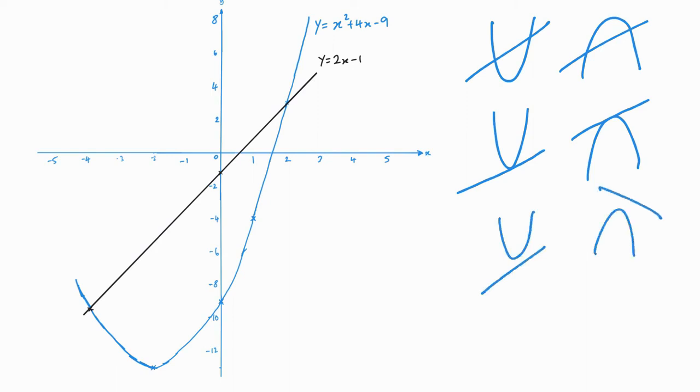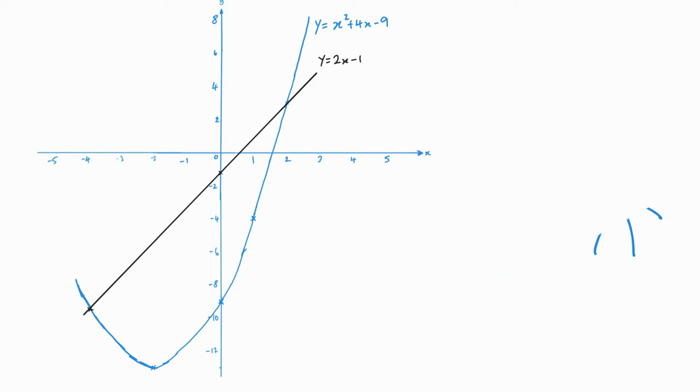So those are my options: 2 points of intersection, 1 point of intersection, or no points of intersection.